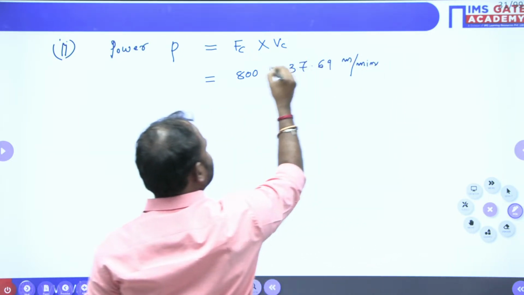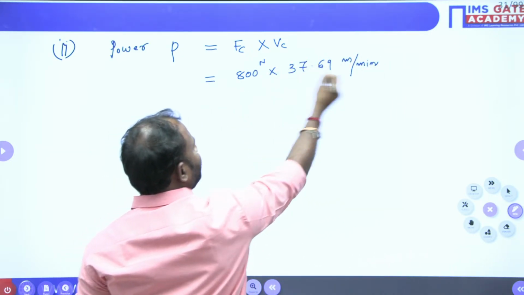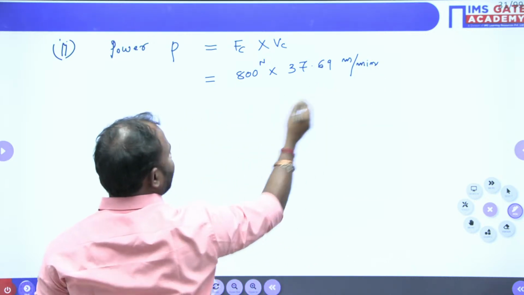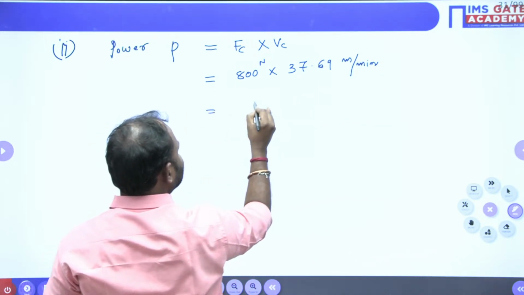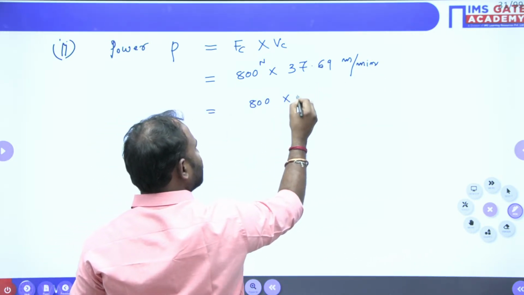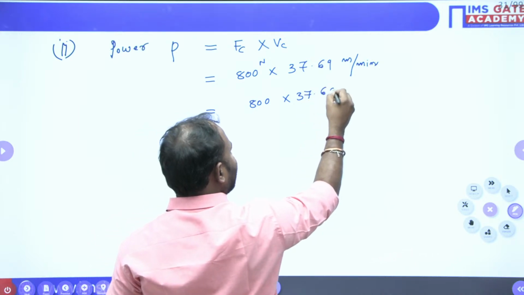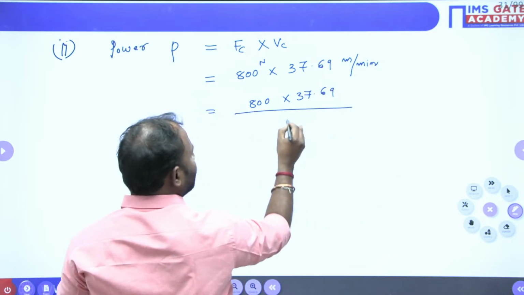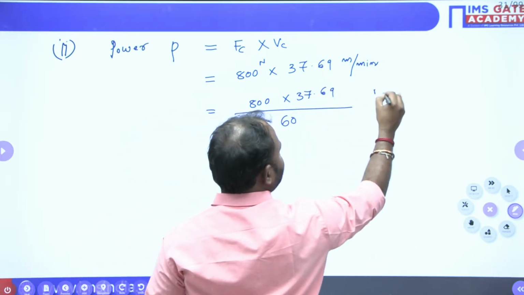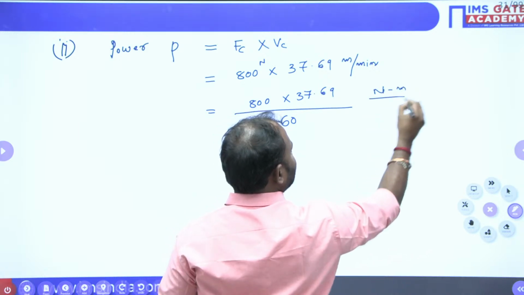Okay, and this is in newtons. Now newton meter per minute is joule per minute you will get. So now I just divide this 800 into 37.69 by 60. So what happened? Newton meter per second.